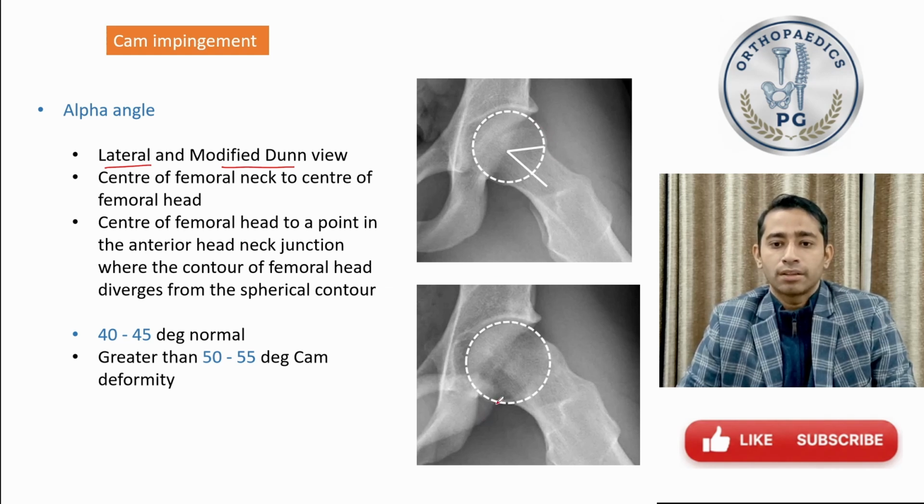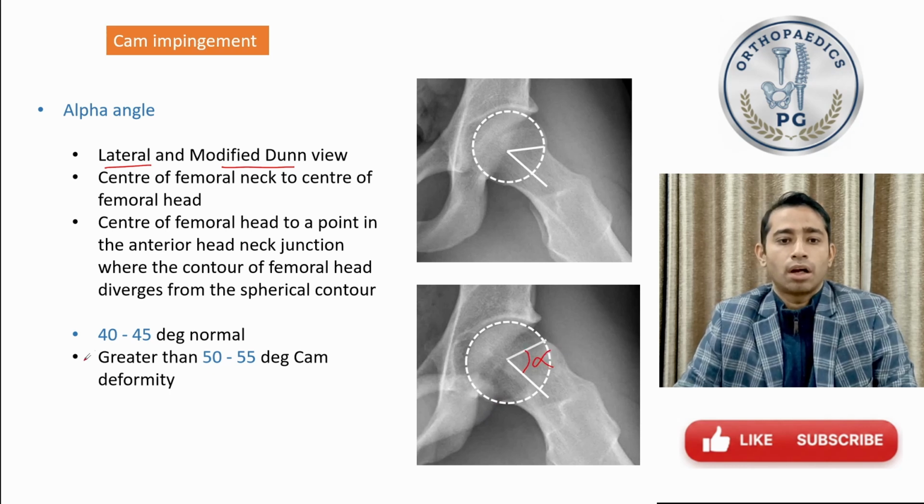So similarly, we draw this in this diagram and we get the alpha angle. Now a normal alpha angle is around 40 to 45 degrees, and an angle greater than 50 to 55 degrees is a Cam deformity.